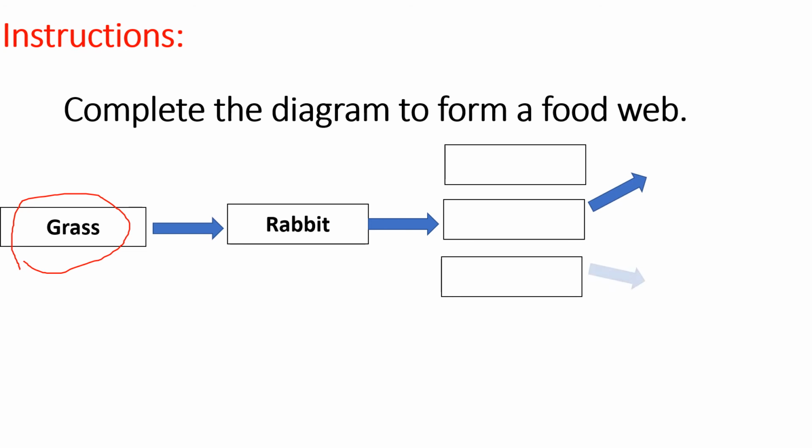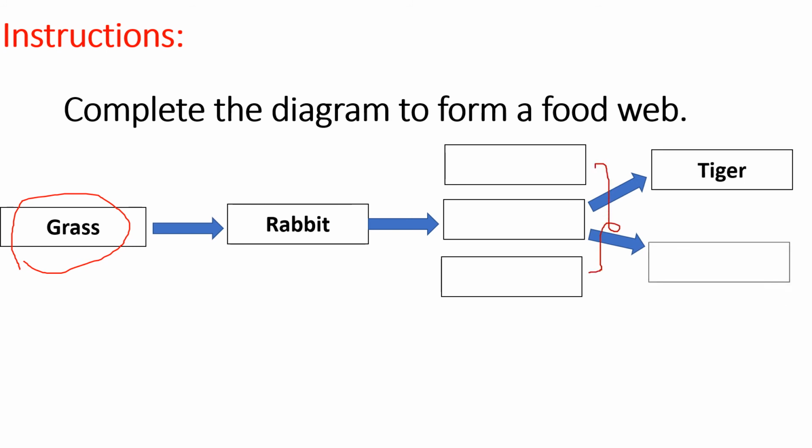And then think of another two animals that can eat these three animals. So for example, tiger, and it's up to you what you are going to write there. Just make sure that these three animals can eat rabbit, and the last ones can eat these three animals, to form a food web.